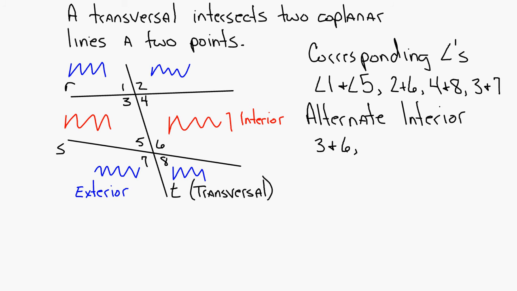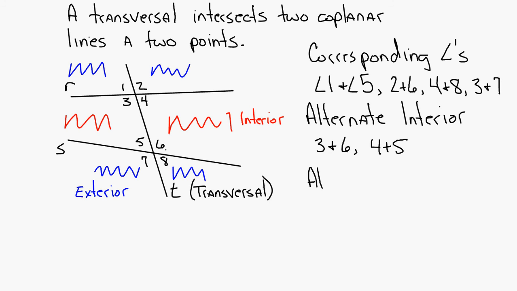They're in the interior region and they're on alternating sides of the transversal. So what's the other pair of alternate interior? 4 and 5. They're in the interior and they're on alternate sides of the transversal.